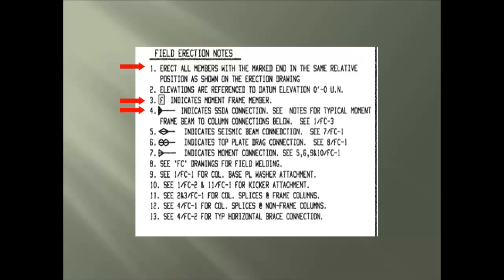The arrow pointing at number 4 is another symbol we have seen before, representing the SSDA connections found on the moment frames. Next arrow at number 5 shows a seismic beam connection symbol. After that, the arrow is at the top plate drag connection symbol.